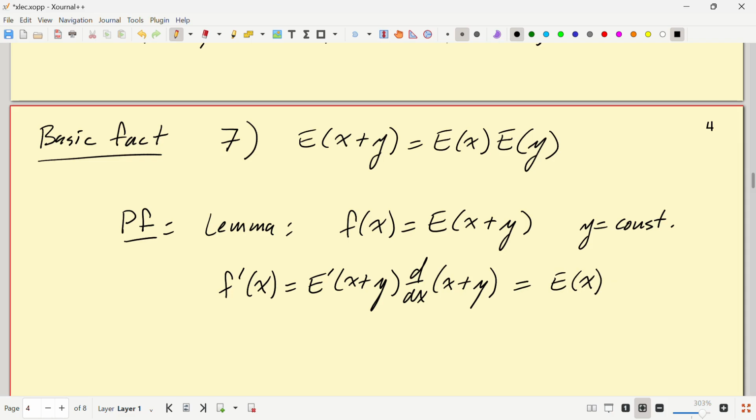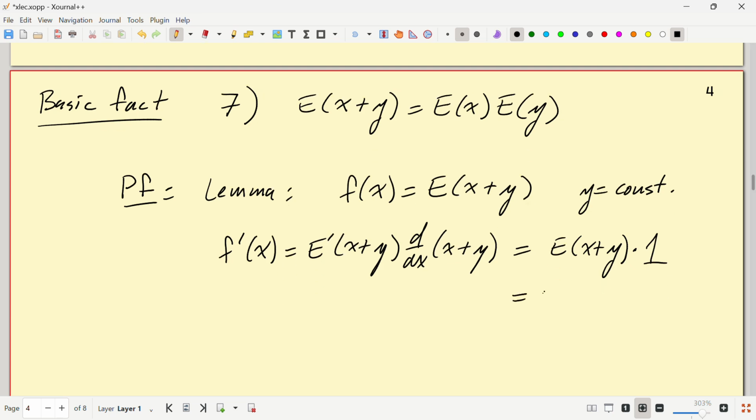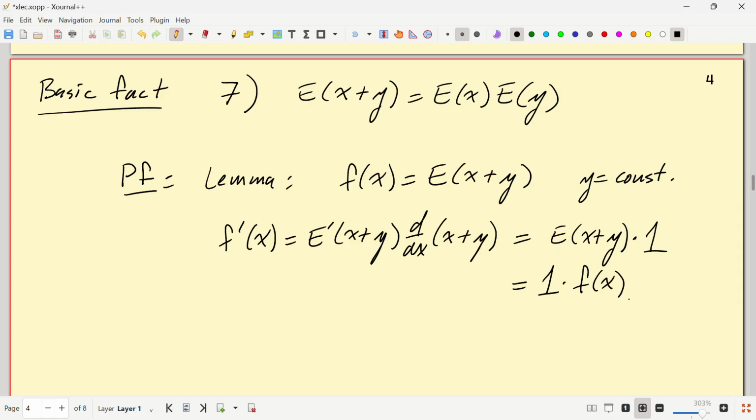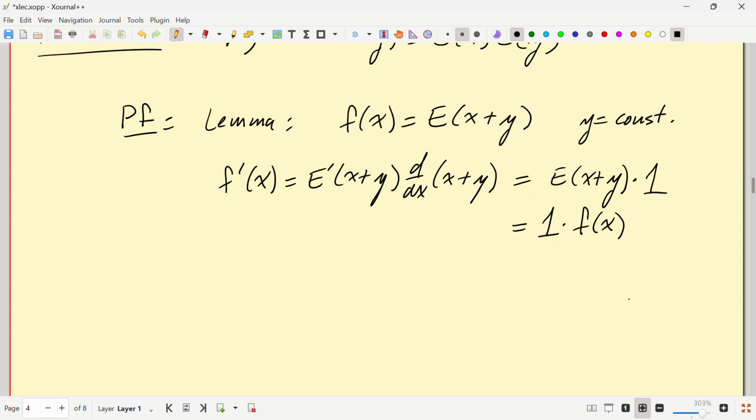No, it's e of x plus y times 1. And that's equal to 1 times f of x. So that thing satisfies the hypothesis of the lemma. And we get from the lemma that my f of x equals f of 0 times e to the 1 times x.